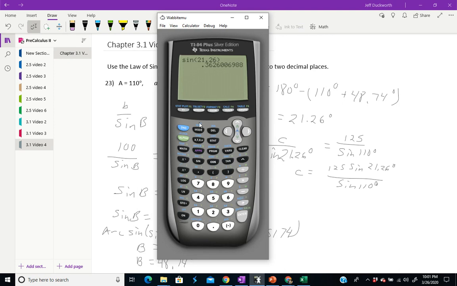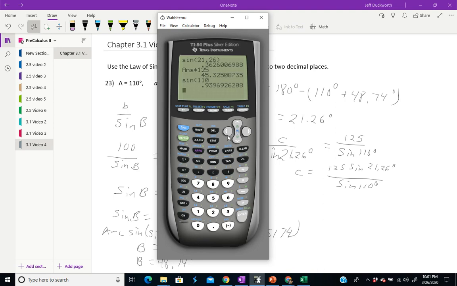All right, so we got 0.36. We multiply that by 125, and then we divide by sine of 110, so sine of 110 degrees. I didn't divide by that.